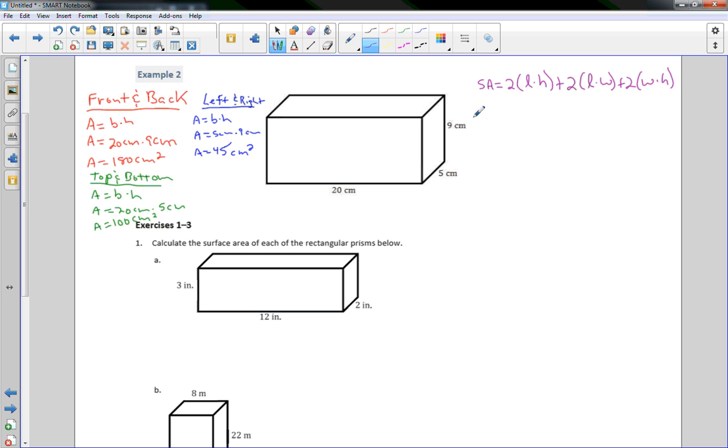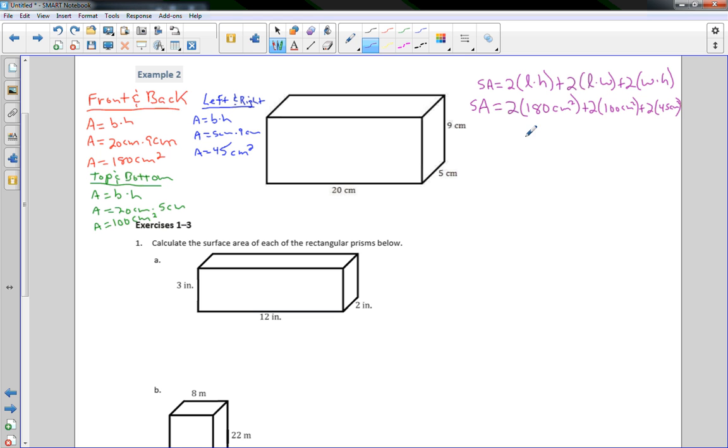Okay, so my surface area equals 2 times what I've already gotten here, 180. Length times height, 20 times 9 is 180 centimeters squared, plus 2 times my 100 centimeters squared, plus 2 times my 45 centimeters squared.